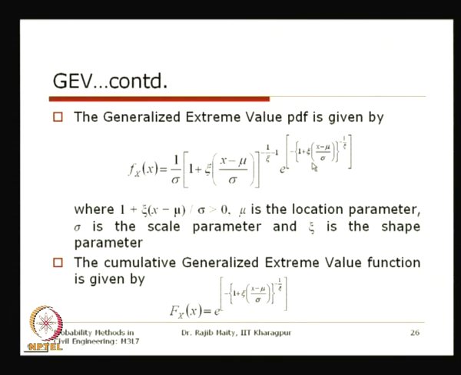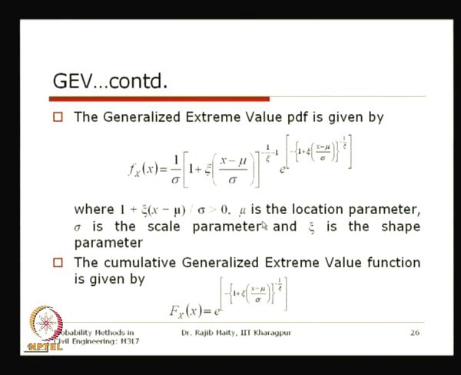Here, in the group x minus mu by sigma, xi is one parameter, and the combination with mu and sigma should be greater than 0. That is basically the support of this distribution. Mu is the location parameter, sigma is the scale parameter, and xi is the shape parameter of this distribution.